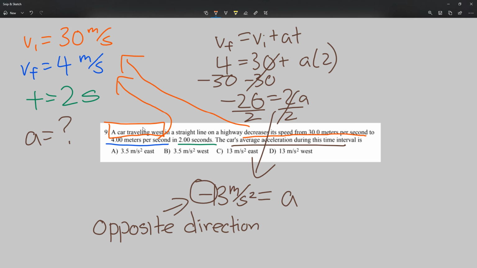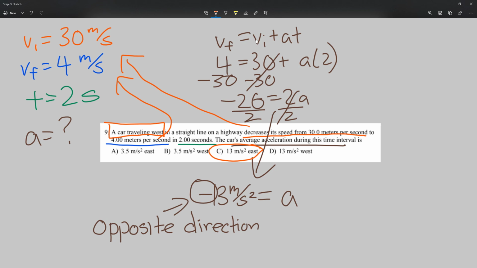So I was treating west as positive here. And if I'm treating west as positive and we get a negative answer, that negative answer means you're traveling in the opposite direction of your positive. So the answer is C. The answer is C.